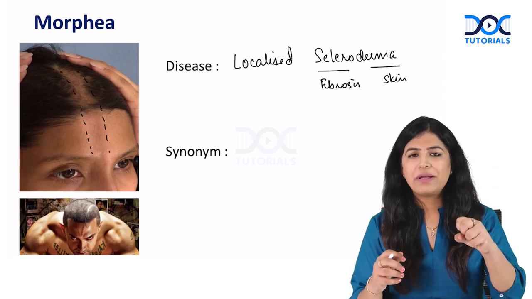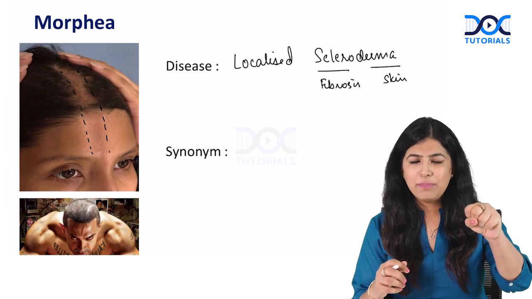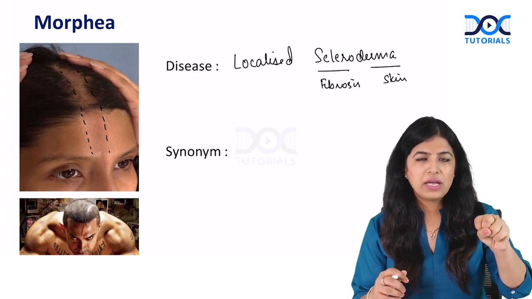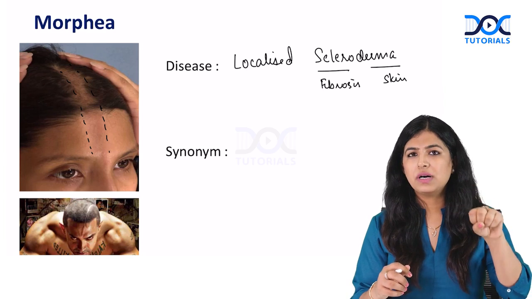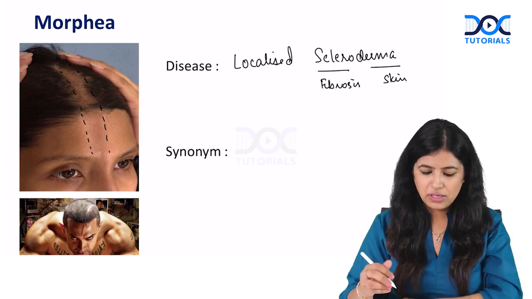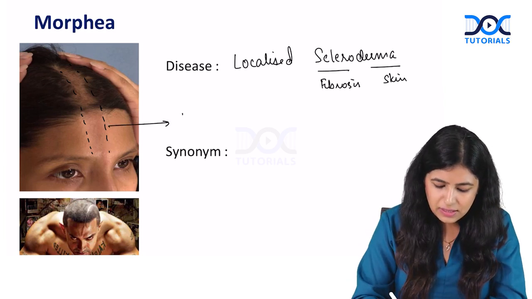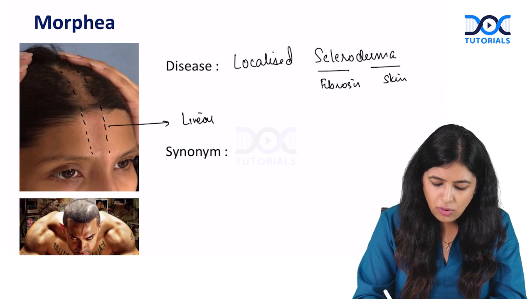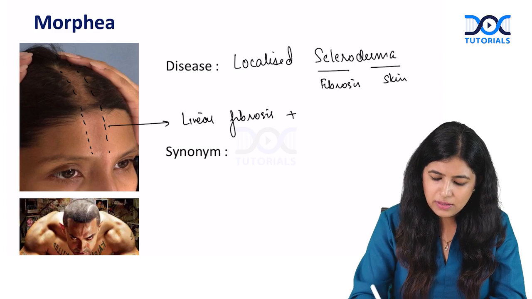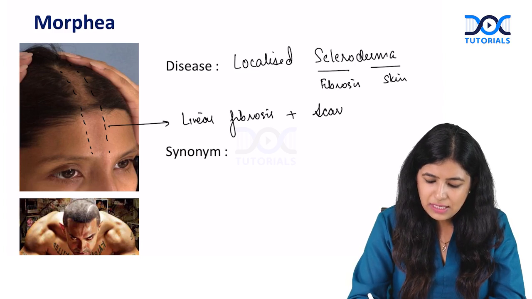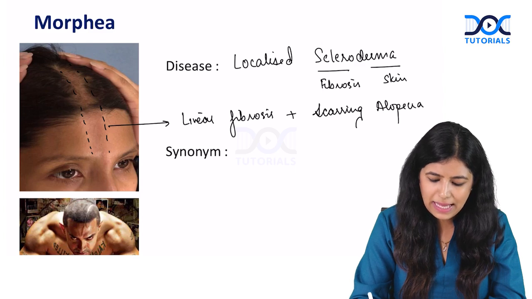And when the fibrosis affects the scalp, it is going to damage the hair follicles, leading to a scarring alopecia. So here what you get is a linear patch of fibrosis on the skin with a type of linear scarring alopecia on the scalp.